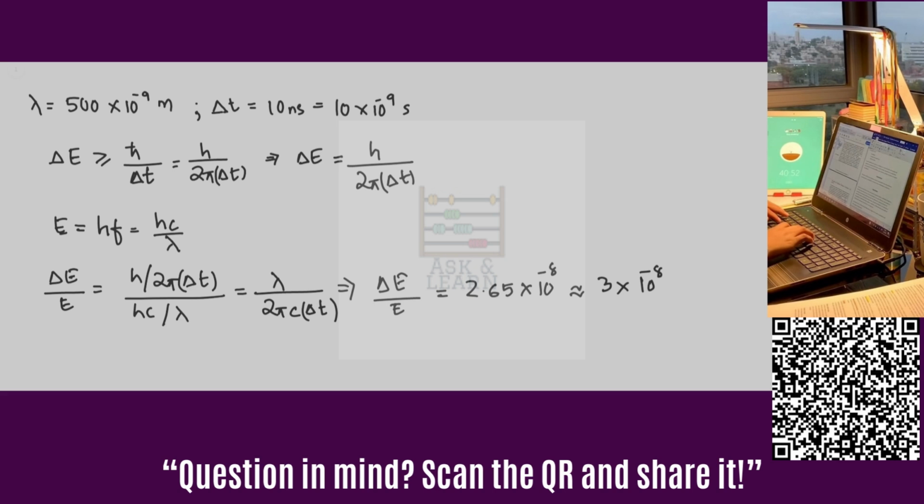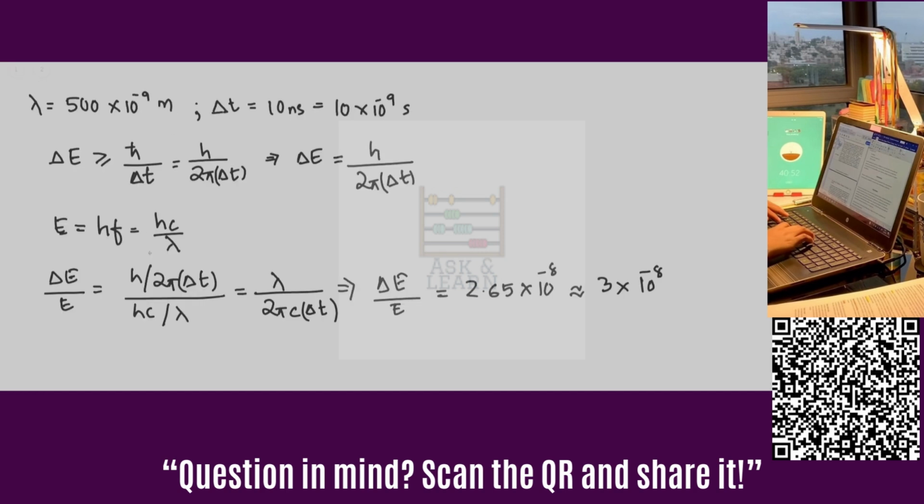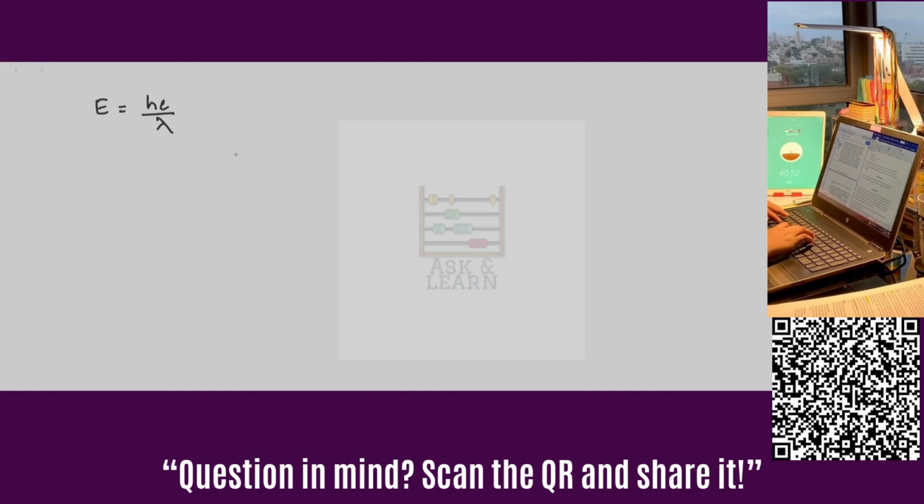Now we use binomial expansion to find the wavelength's fractional uncertainty. So we know that E is equal to hc over lambda from this equation.